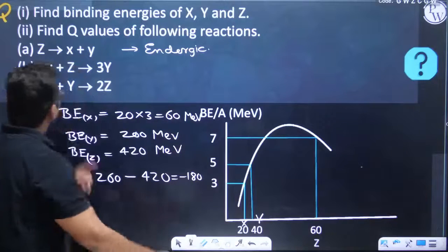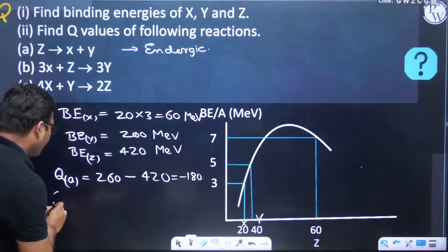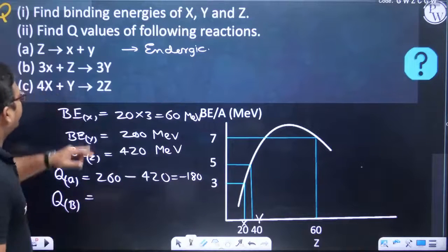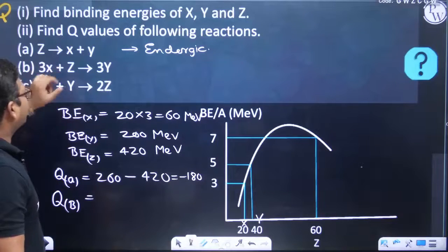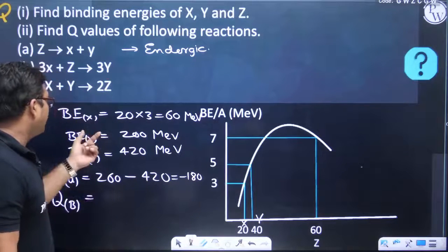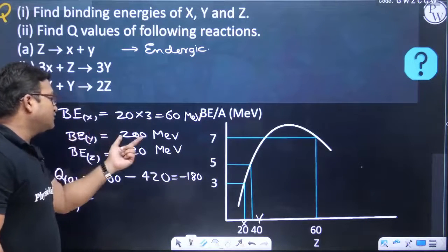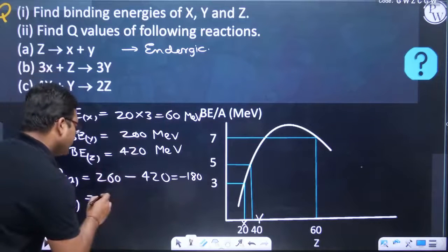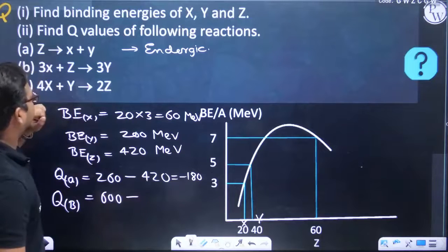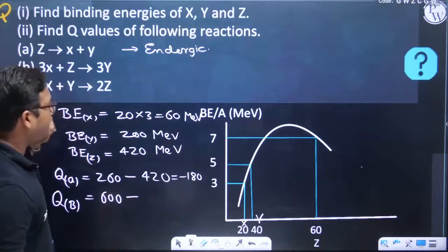Endoergic. Okay. B. So Q value for reaction B, for option B, is binding energy of product minus binding energy of reactant. Here we have 3Y. 3Y means, for Y, binding energy is 200, so 3Y would be 600, minus 3X. So how much is 3X?